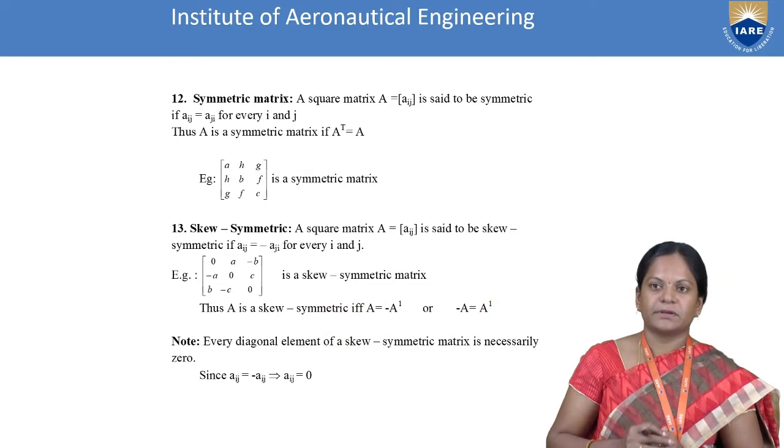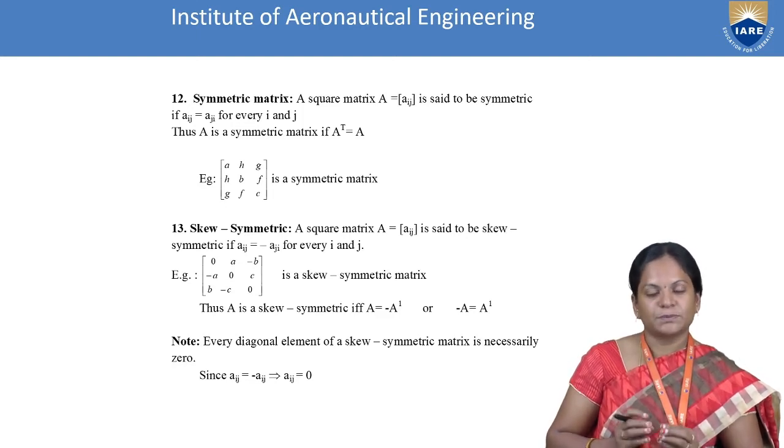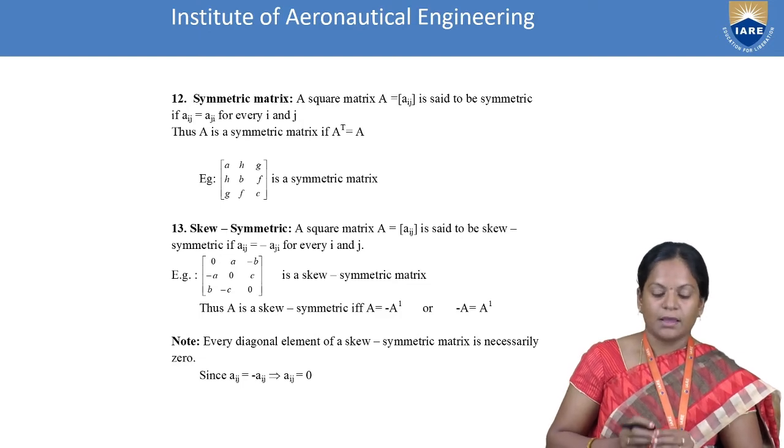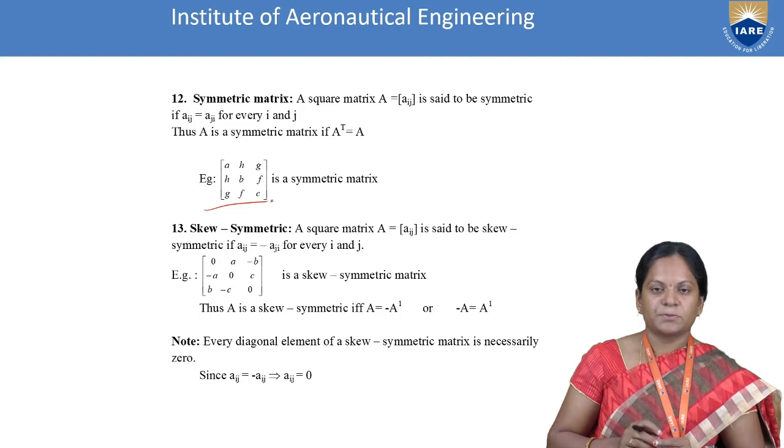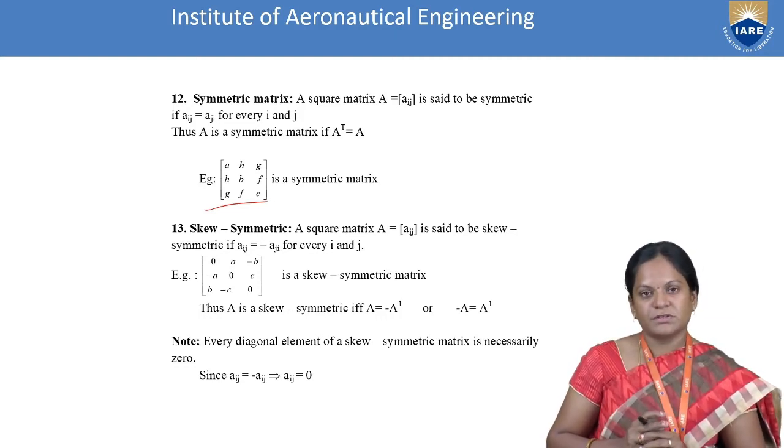Now, symmetric matrix. What is a symmetric matrix? First of all, the given matrix is a square matrix. A square matrix A equal to [A_ij] is said to be symmetric if A_ij equals A_ji for every i and j. So if A is a symmetric matrix, it means A transpose should be equal to A. I am considering one matrix, [a h g; h b f; g f c], which is a square matrix.